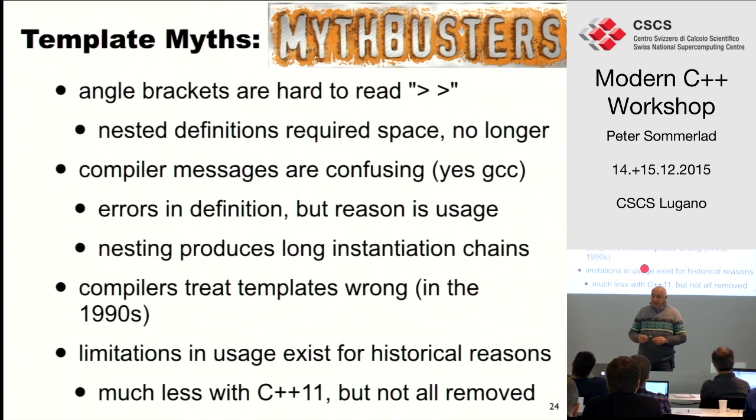People were afraid of space overhead, compile overhead. Well, the space overhead is no longer that big an issue because we have gigabytes everywhere now, even in a mobile phone. And the compiler messages were confusing. Some of them are still confusing: you might get an error in the definition, but the error message points at the place of the use of a template.